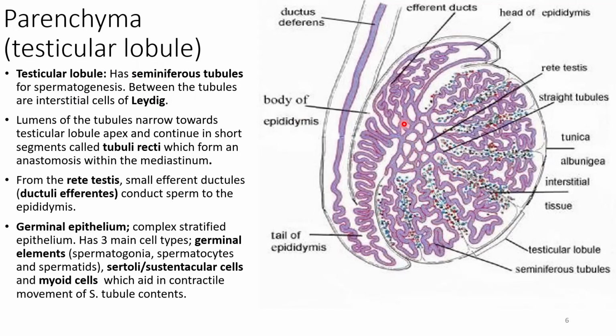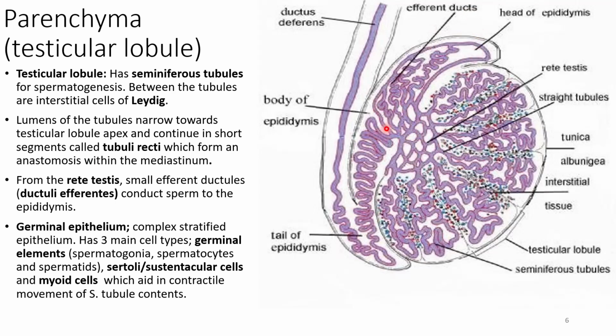And then from the rete testis, you'll have some small efferent ductules, known as the ductuli efferentes or the excurrent ducts. They will come from the rete testis into the epididymis. So you can appreciate the epididymis with the various parts: the head, the body, and then the tail of the epididymis. So these are the proximal part, the body, then the tail or the distal part.